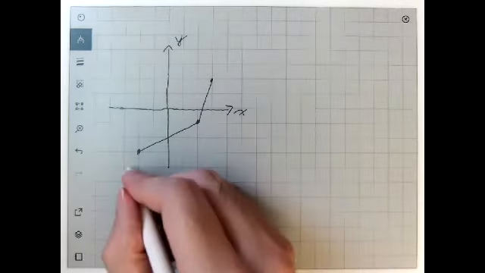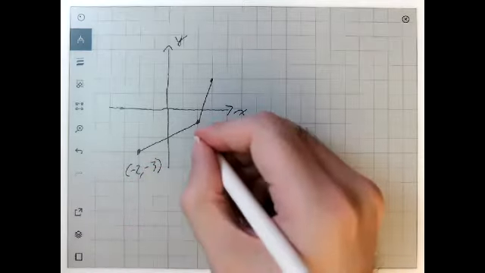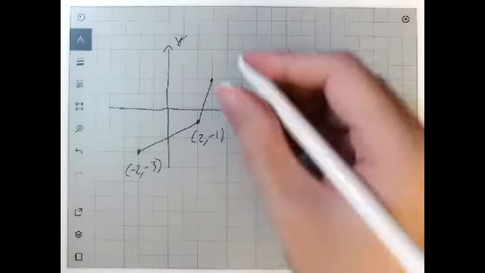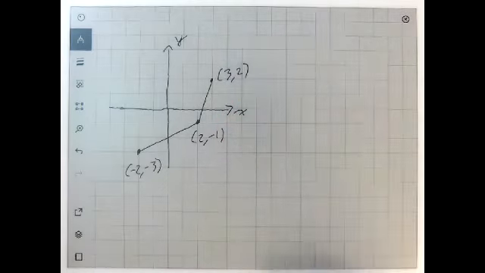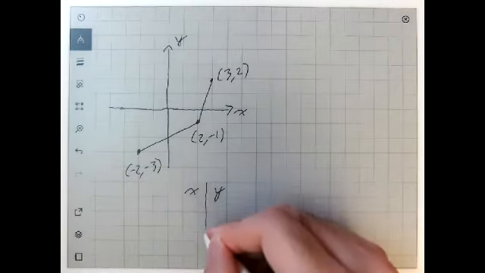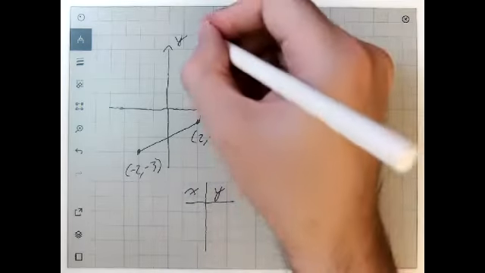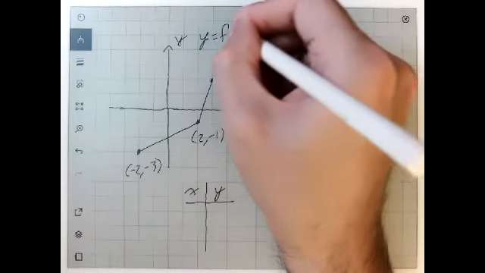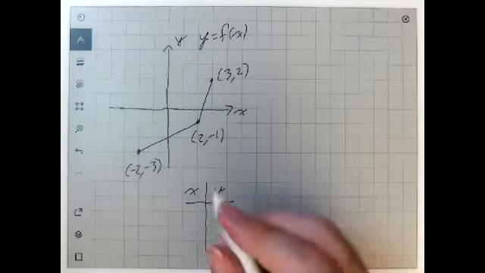It starts over here at -2, -3, and then goes to 2, -1, and then 3, 2. I'm going to make a table of values for the key points on this graph. And I should label that this is the graph y equals f of x.